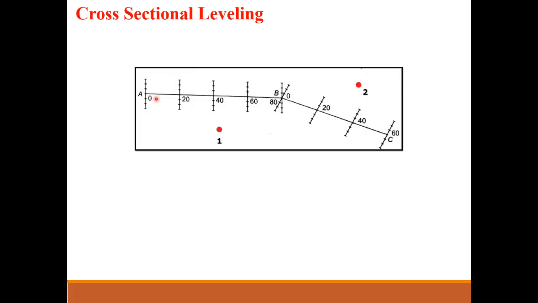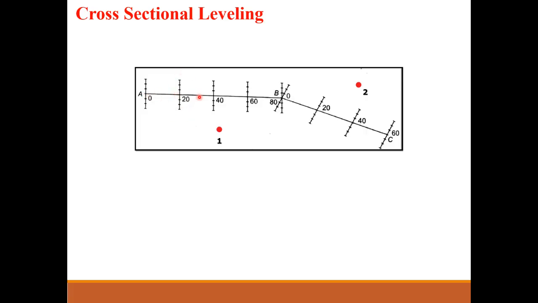Okay, here you can see as the center line, we can say that the leveling performed at the center line will be profile or longitudinal leveling. So along this profile leveling, or you can say along this longitudinal central line, we also take the different levels perpendicular to the longitudinal line.